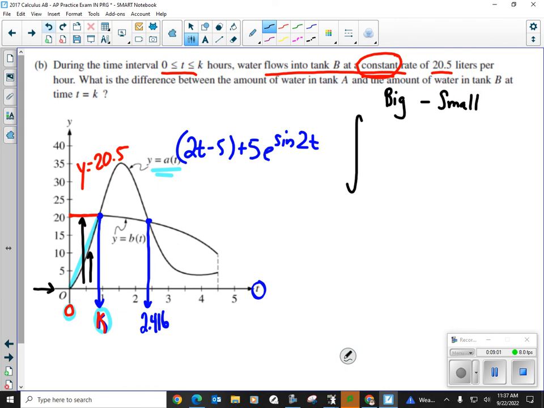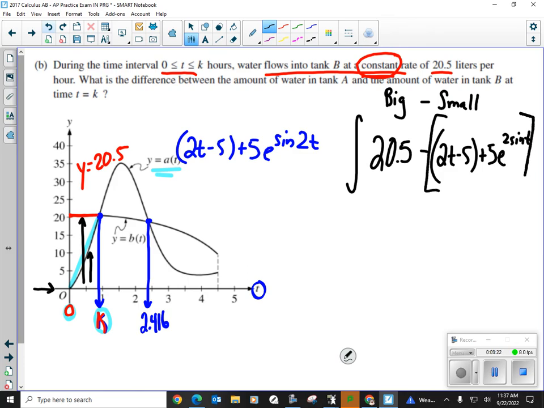So I'm going to take 20.5, because that's what my y equals, 20.5, minus the smaller function, 2t minus 5 plus 5e to the 2 sine of t, okay? This has to be in its own little world here. I'm subtracting the whole thing. Don't forget your dummy variable, dt.